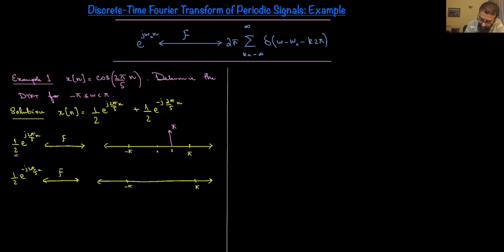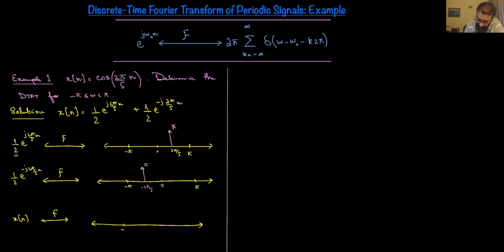This impulse is going to reside at minus 2 pi by 5, and the height, of course, is going to be pi once again. This is minus 2 pi by 5, and this is 0. And therefore, I just apply linearity. So x of n will have a Fourier transform which looks like this.